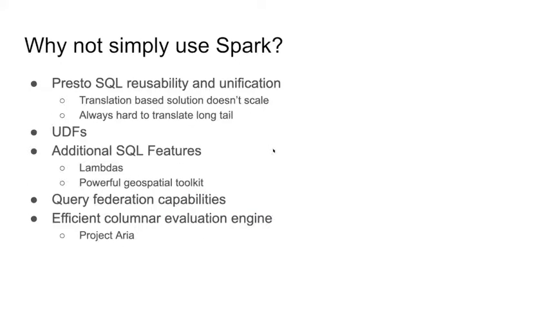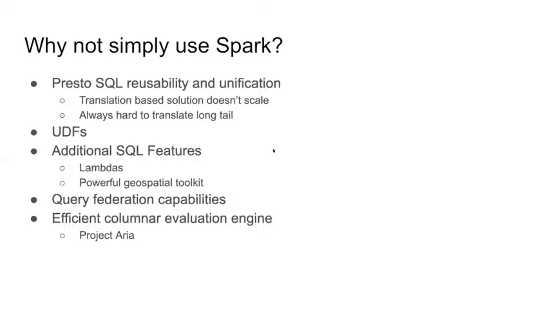So of course the question is, why not simply use Spark? This is a very good question, and there are actually a couple of reasons why we want to run the Presto evaluation engine in Spark instead of simply translating our queries to Spark. First of all, we want to reuse Presto SQL. We don't want to translate.